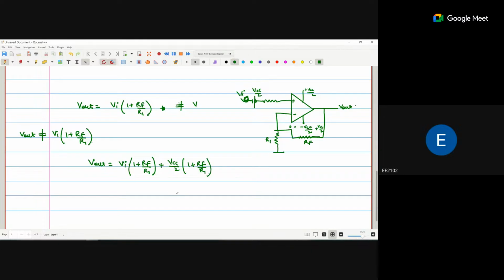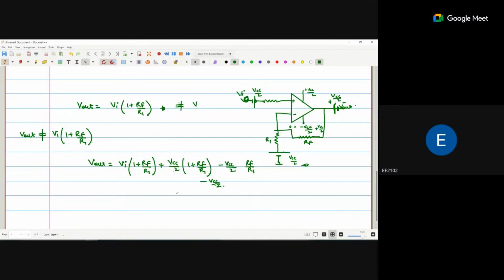What should we do? We add a VCC by 2 here also. Because of this non-inverting amplifier, we get a minus VCC by 2 times RF by R1. And we add a VCC by 2 also here in opposite polarity, so we get a minus of VCC by 2.